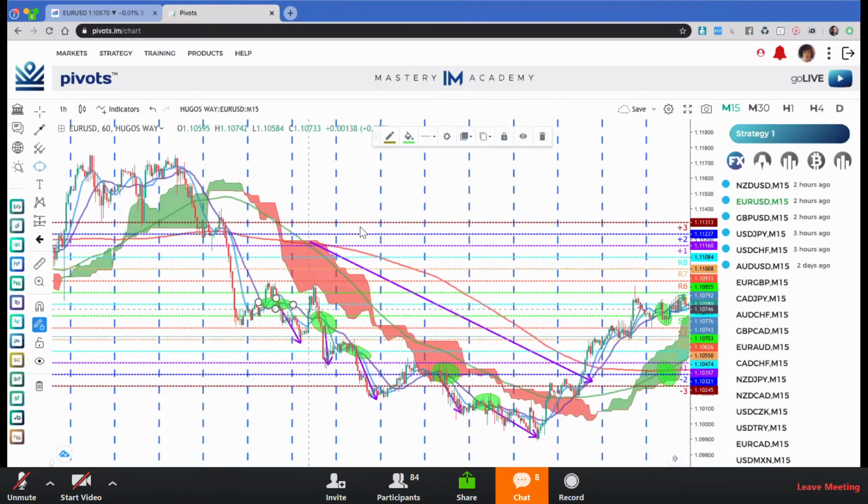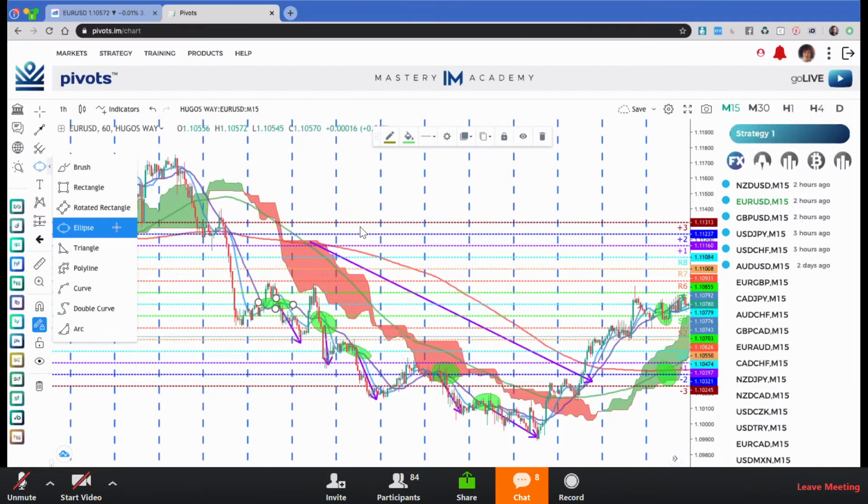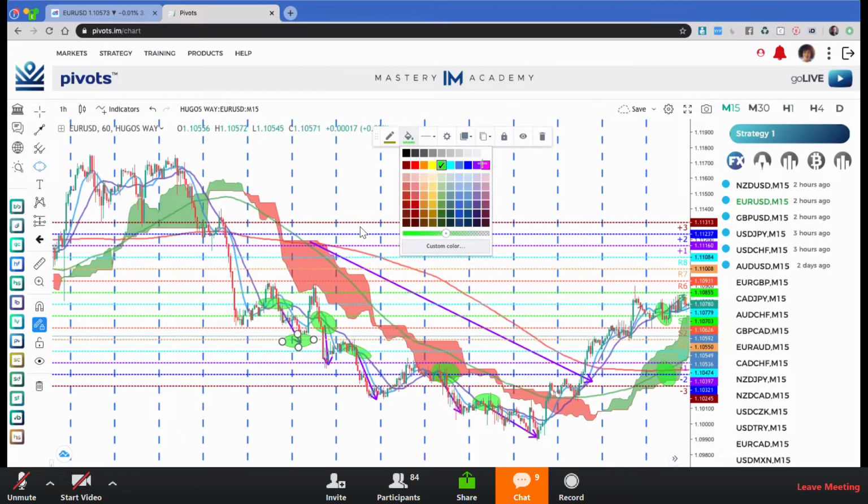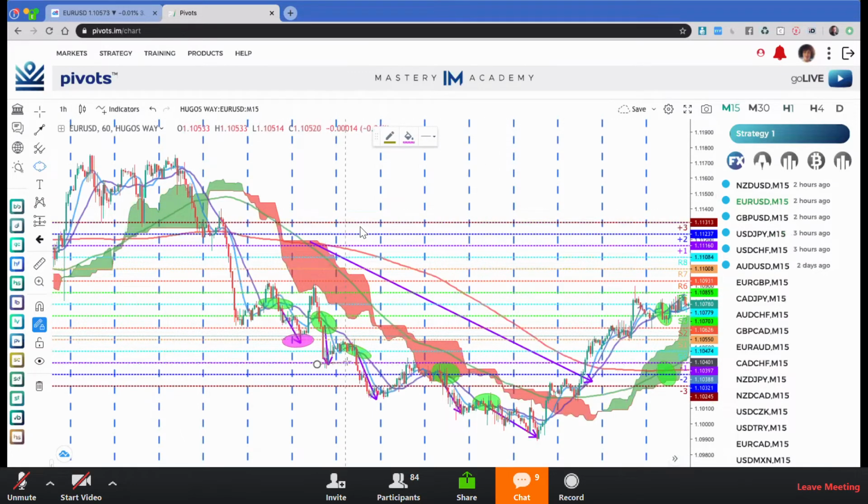Now in this case, I will use red. Oh, green. Green is like a good idea for a sell. So maybe a little bit confusing. Let me use another color. It will probably also give a trade idea to buy here, to buy here, and to buy here.